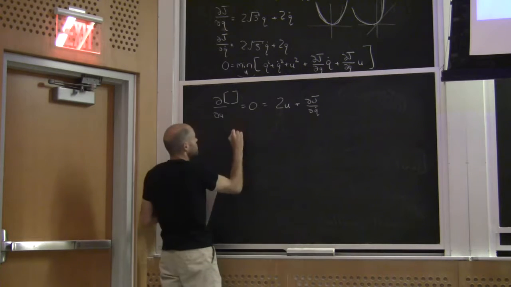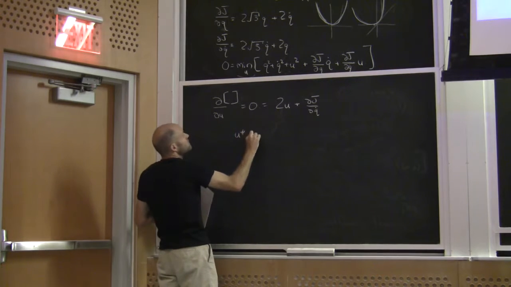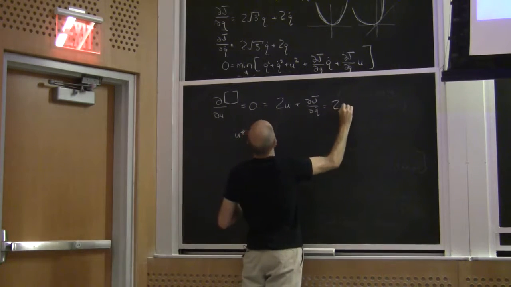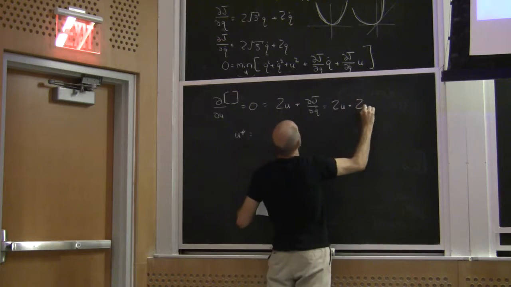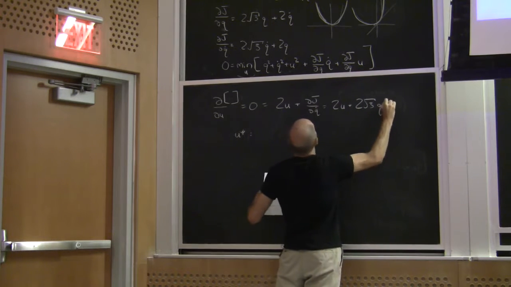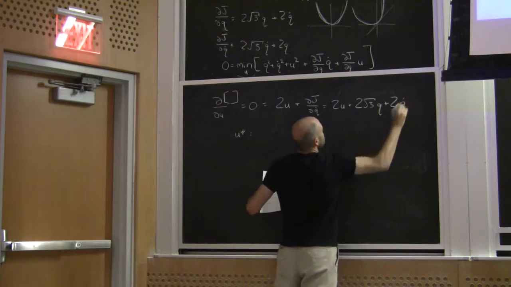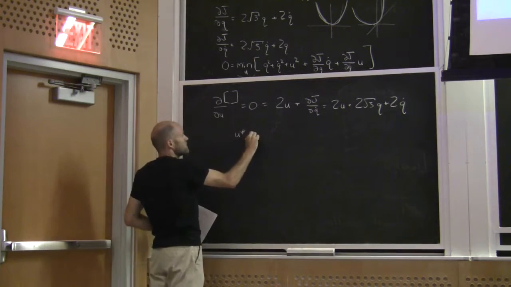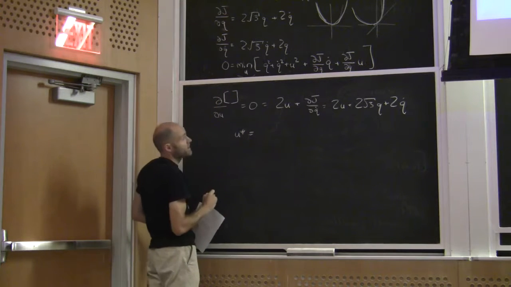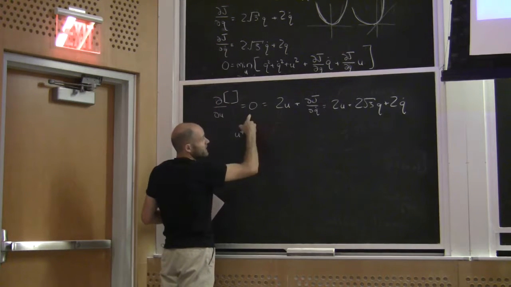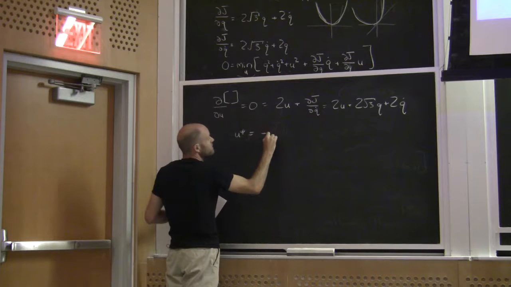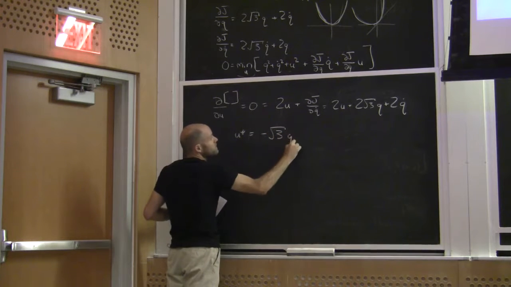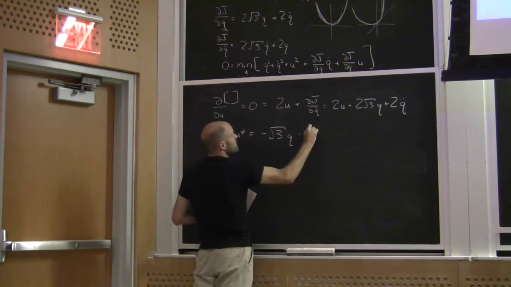So the minimizing u, which is 2u plus 2 square root of 3q. So the u that minimizes that thing, since that has to equal 0, is going to be negative square root of 3q minus q dot.